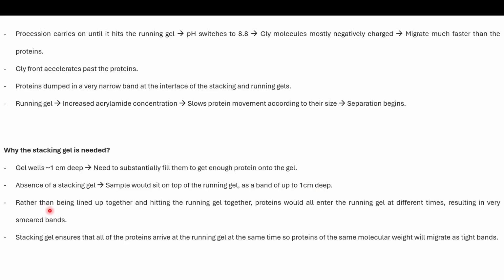Rather than being lined up together and hitting the running gel together, proteins would all enter the running gel at different times, resulting in very smeared bands. So the stacking gel ensures that all the proteins arrive at the running gel at the same time, so proteins of the same molecular weight will migrate as tight bands.